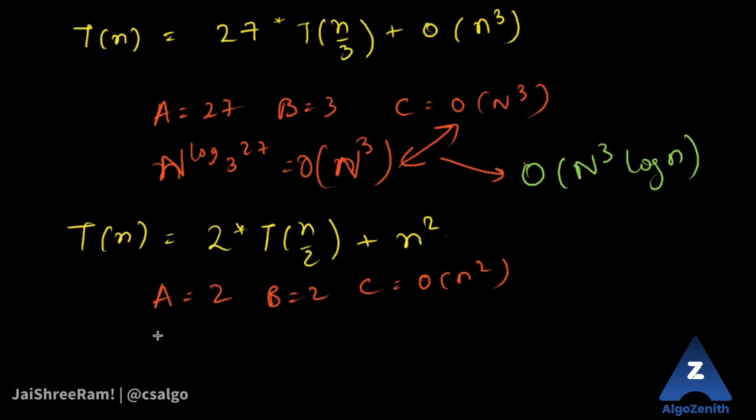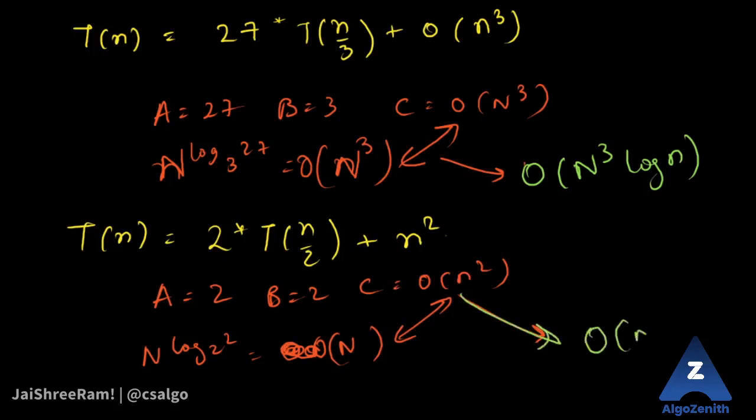Next you just calculate n to the power log 2 base 2, that is equal to n, and then we compare these two orders. Now n square is more, right? If this is more, then this is your answer.